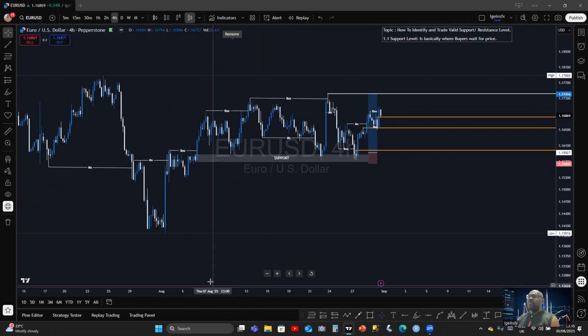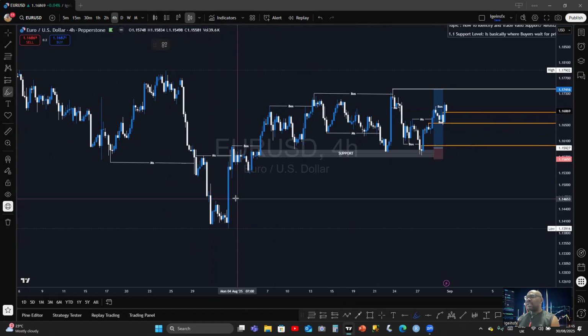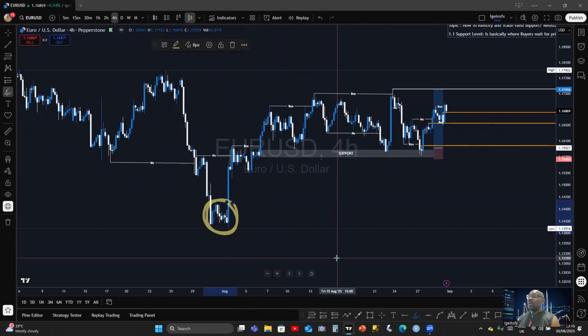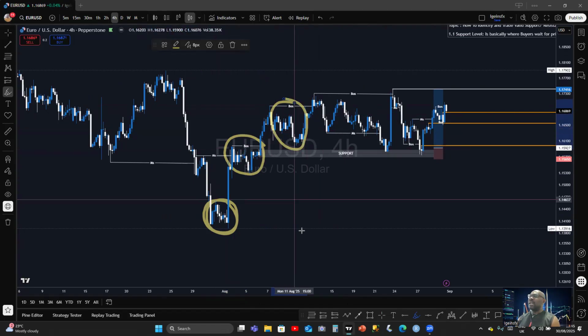Price will create a support anytime you see that there are activities of buying and selling at that point. At every support and resistance level, there are always activities between sellers and buyers.